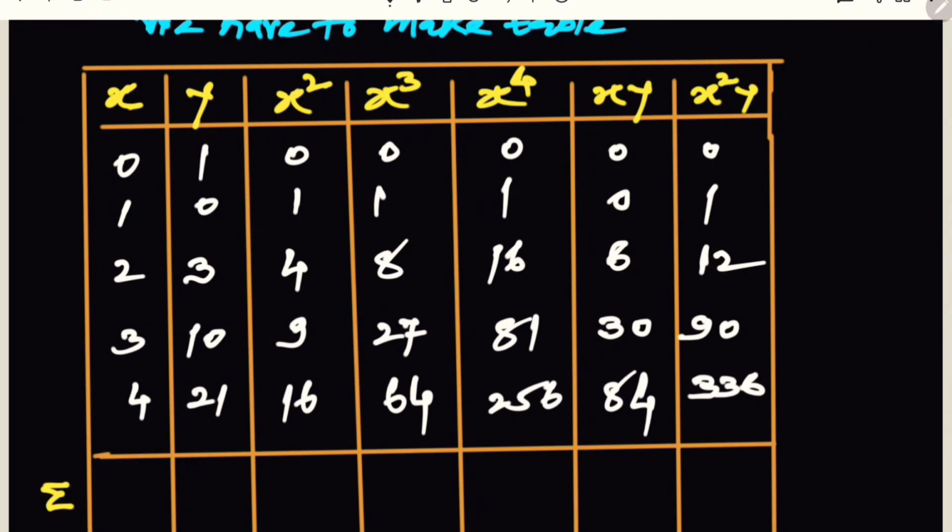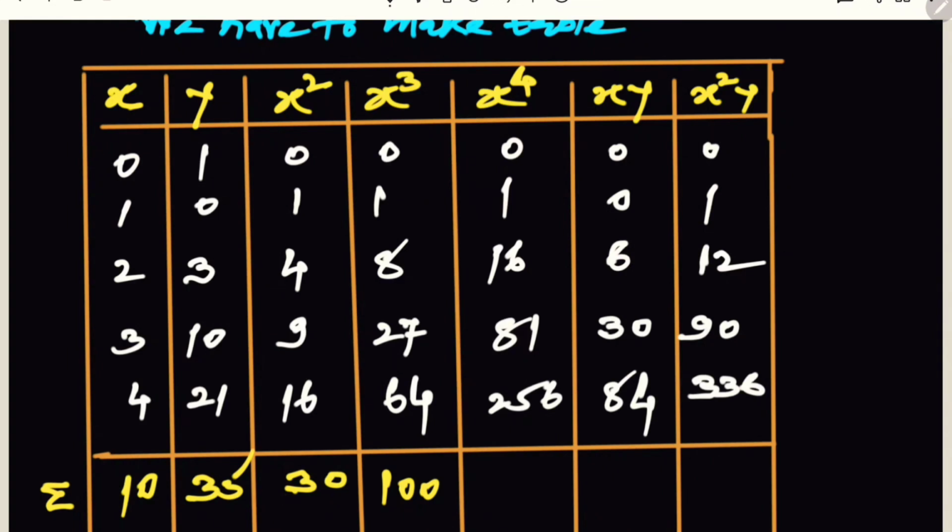Then summation of x, the sum of all these x points, is 10, summation of y is 35, summation of x square is 30. Then summation of x cube, 0, 1, 8, 27 and 64, if we add all this, we get the sum as 100.